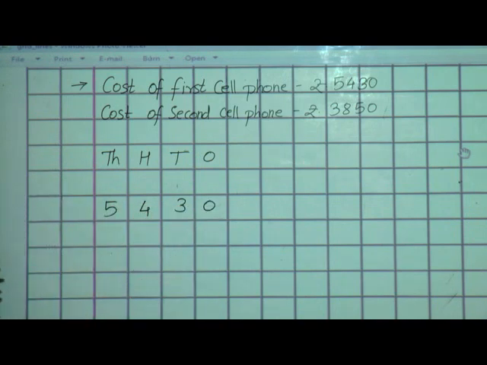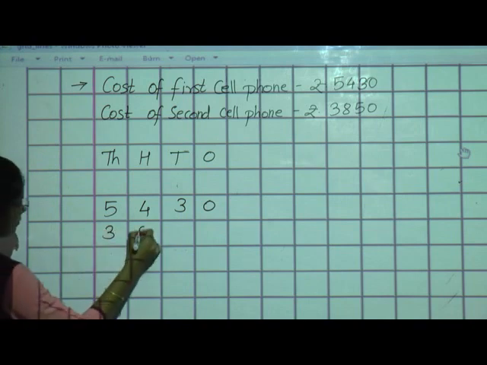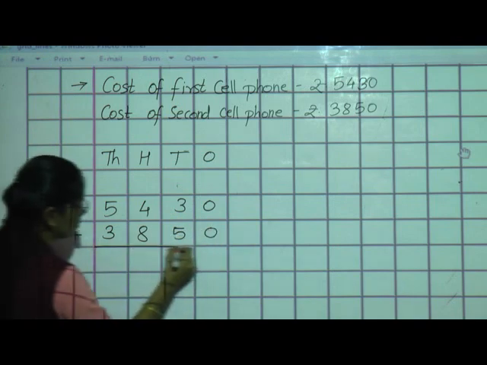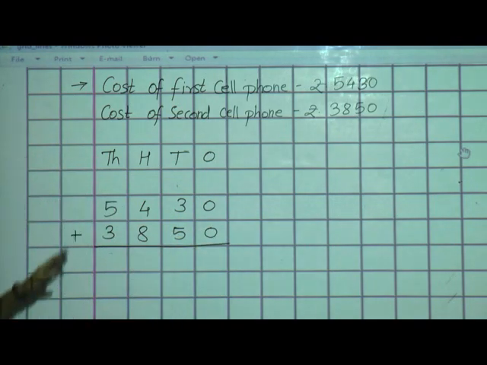What is the cost of the second cell phone? 3,850. Now do the addition. It is a simple addition. I will give 1 second. Do the addition and tell me the answer. Okay. What is the answer?